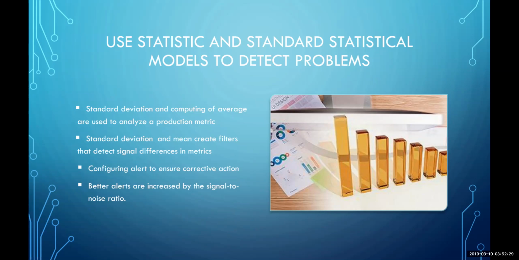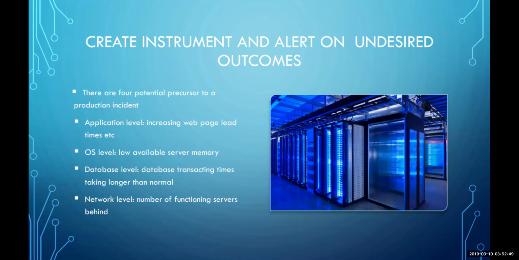With these examples, we spoke about a common use of standard deviation, which is to periodically inspect the data set for a metric and alert if it has varied significantly from the mean. Also, we spoke about creating instruments and alerts on undesired outcomes, and about the four potential precursors to a production incident: the application level, the OS level, the database level, and the network level.